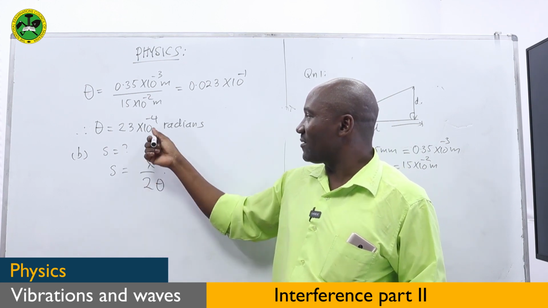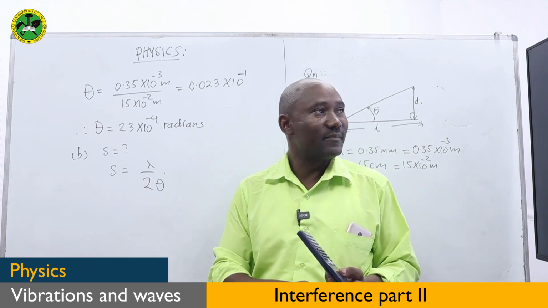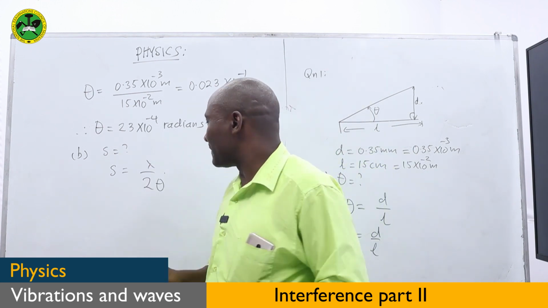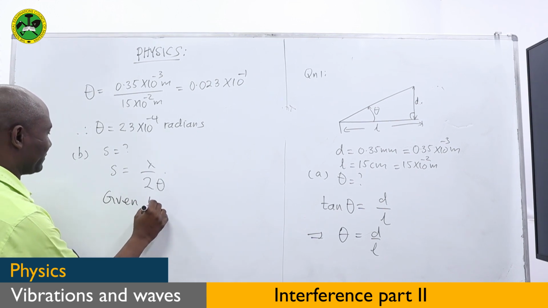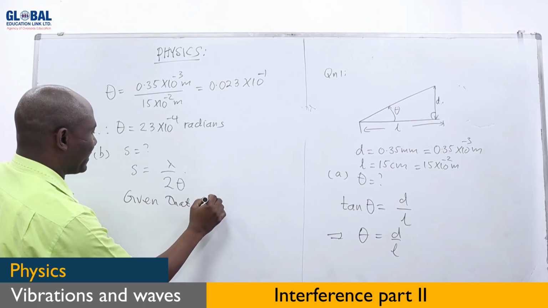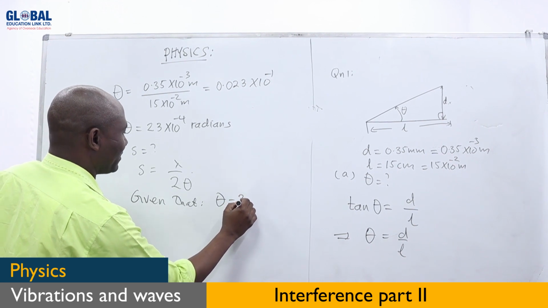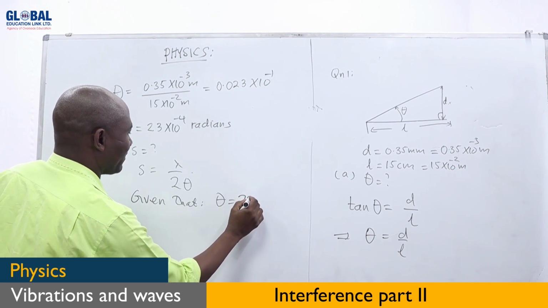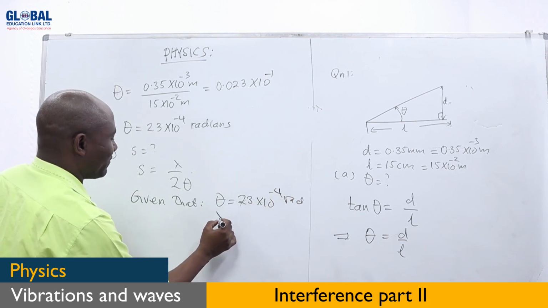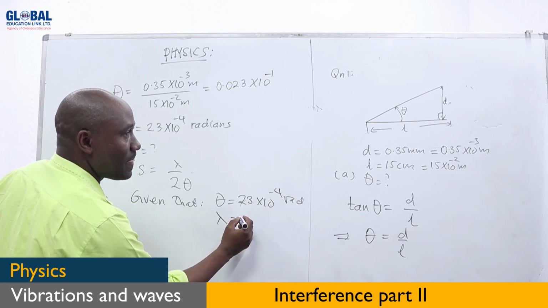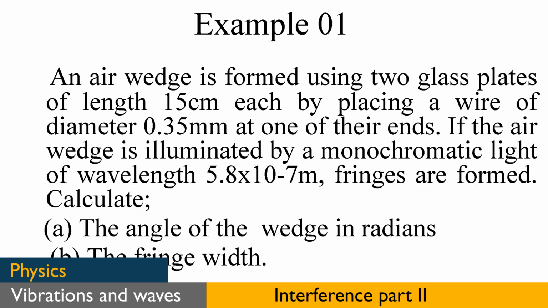So once you know the angle now, and the lambda is given, so the wavelength is given. The angle is known now, 23 times 10 negative 4 radians. Wavelength is given as 5.8 times 10 negative 7 meter.